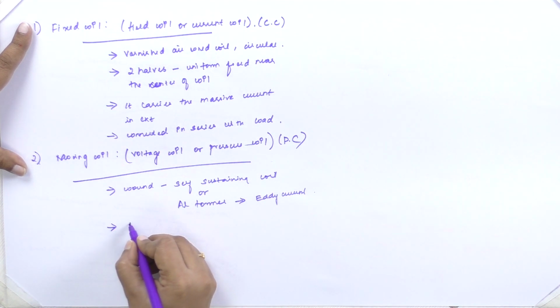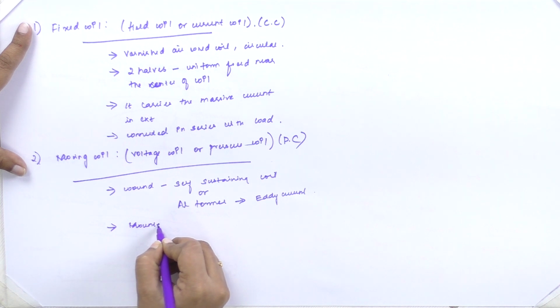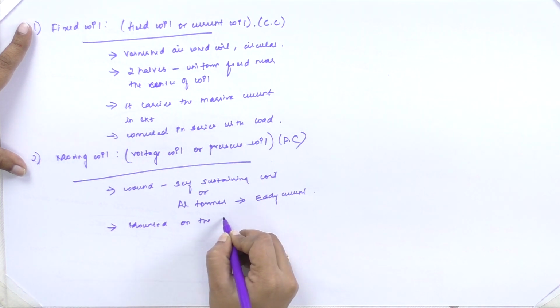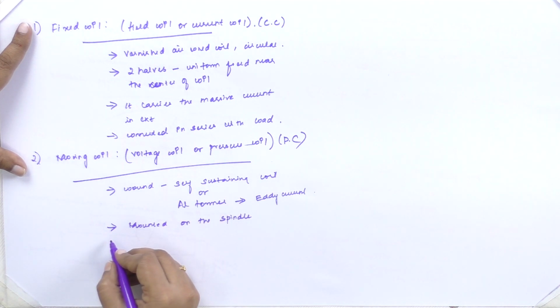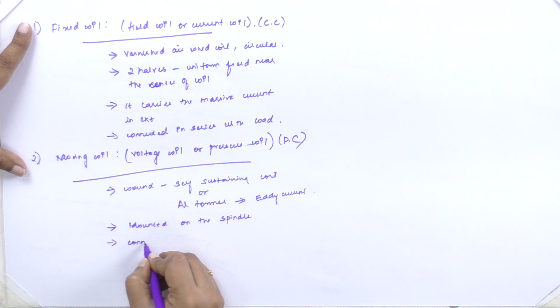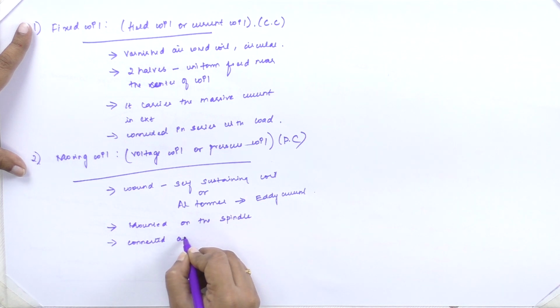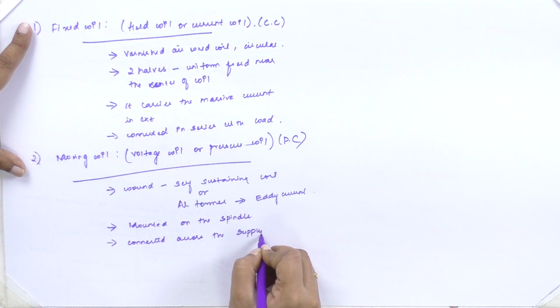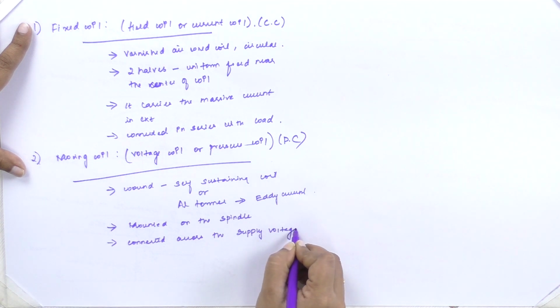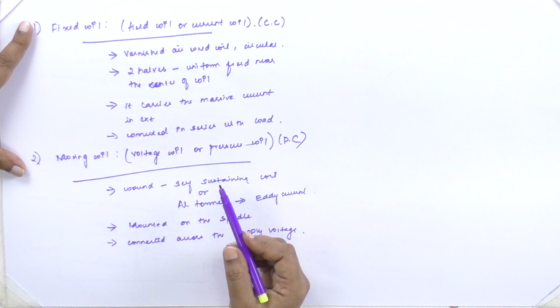This moving coil will be mounted on the spindle which is free to move in the center of the fixed coil. It is always connected across the supply voltage. So, this moving coil can be either a self-sustaining coil or it can be wound on an aluminium former.